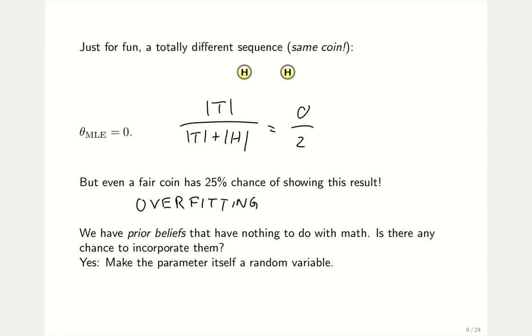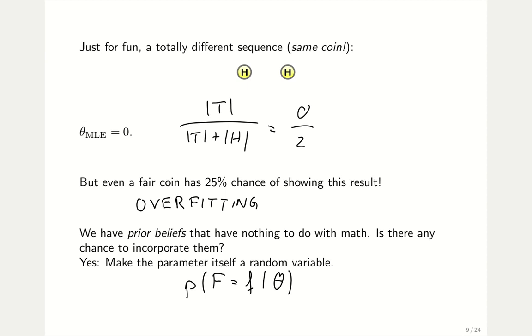But how do we incorporate this mathematically? And the answer is surprisingly simple. We just assume that the parameter is itself a random variable, and that actually justifies this notation that we have, which is the probability of a flip showing a result given theta. So this was already kind of a notation that implied that theta is a random variable.